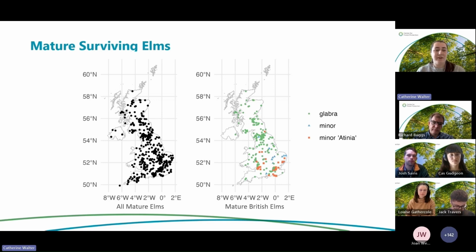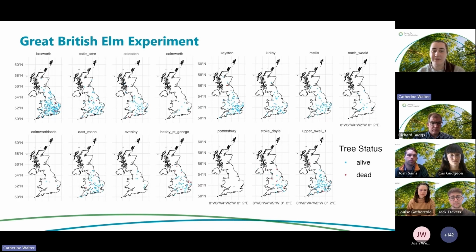Projects that have focused on propagating and planting out these elms have included those like the Great British Elm Experiment, again carried out by the Conservation Foundation, which propagated cuttings from a number of parent trees which were appearing to have survived the disease and so may or may not be resistant. So this is a great way to test it.